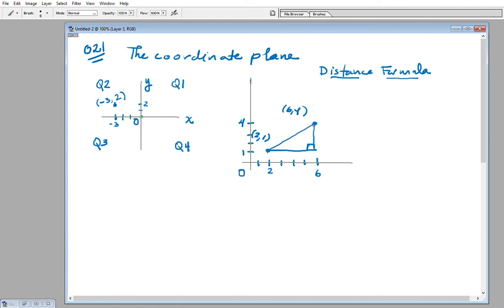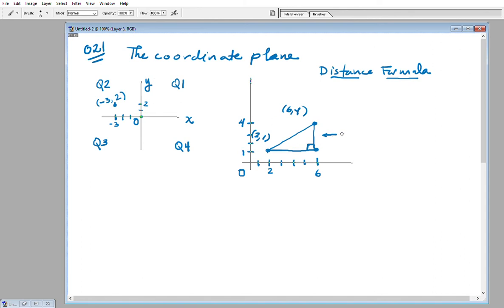All right. Now we want to find the length of the hypotenuse. Well, we could find the length of the 2 sides, which we could do without a distance formula, because we can see what it is. This goes from height 1 to height 4, right? You can see along the y-axis, this is 1, and this is height 4.